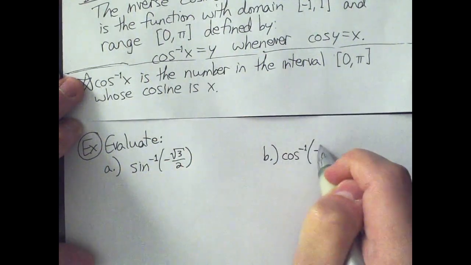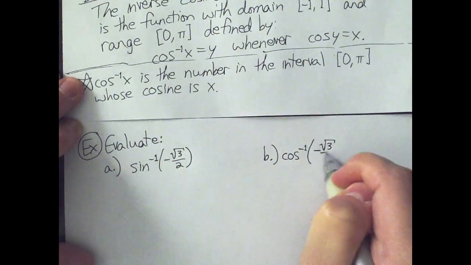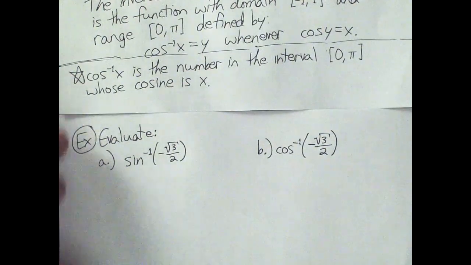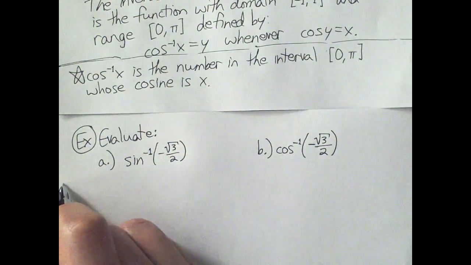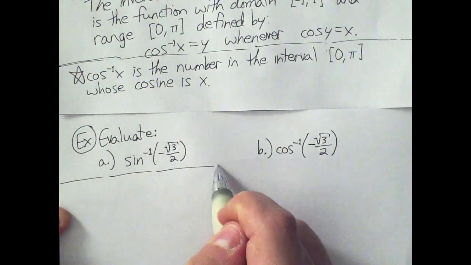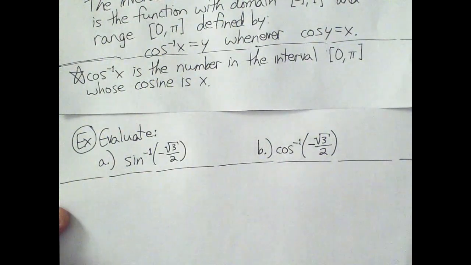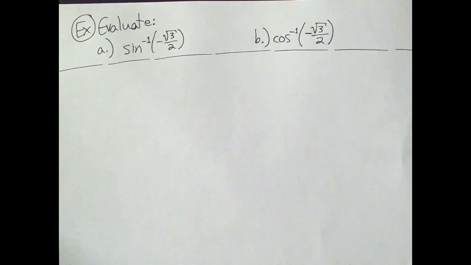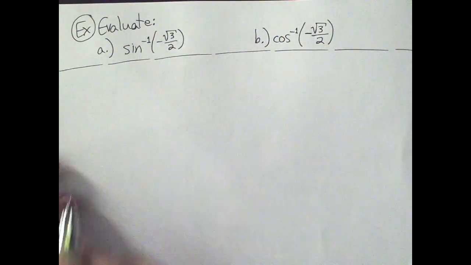I'd like you to take a minute and think about this, maybe pause the video if you need to, and then I'll talk about it in a minute. All right, now remember, sometimes these problems just have an answer that does not exist or is undefined. So let's keep that in mind as a possibility.